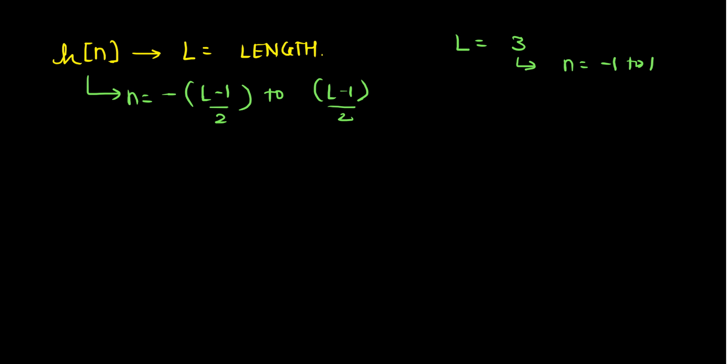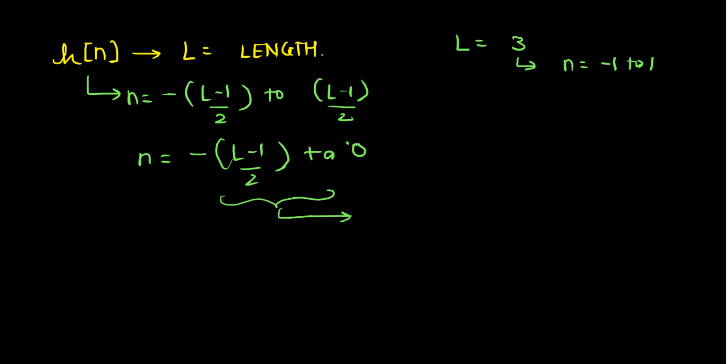Now if we shift this h of n by (L minus 1)/2, we can eliminate the samples existing for minus (L minus 1)/2 to 0, by simply shifting them to positive values, and these samples are basically responsible for making h of n non-causal.